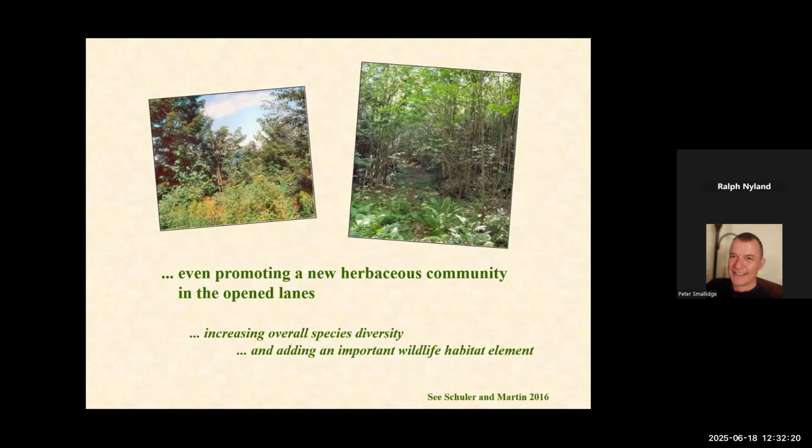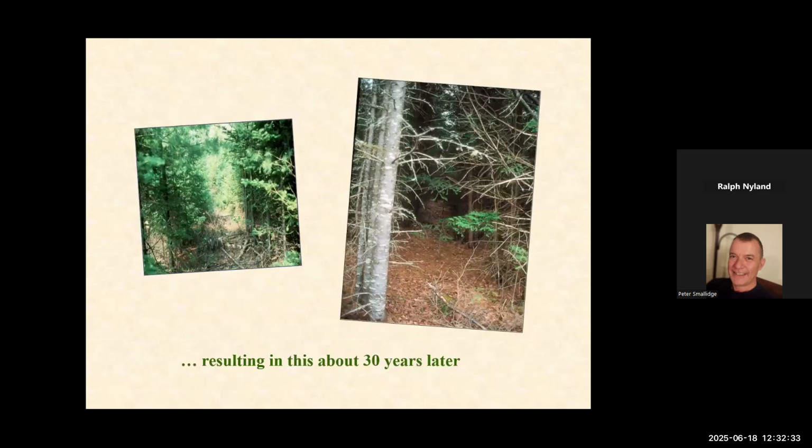It even will promote new herbaceous growth in the open lanes, at least for a period of time until the canopy closes. And that may have an important value as a wildlife habitat element. So here's a case with white pine, mowed lanes on the left, 30 years later on the right.